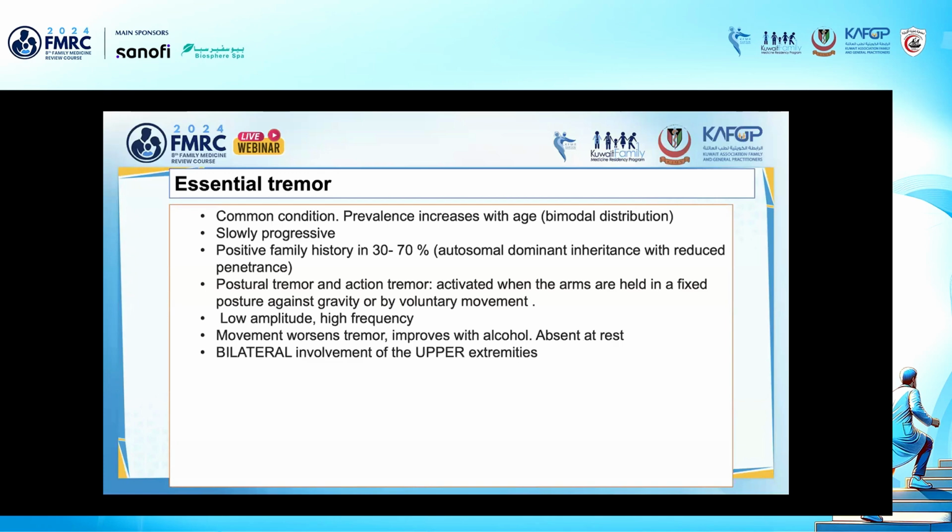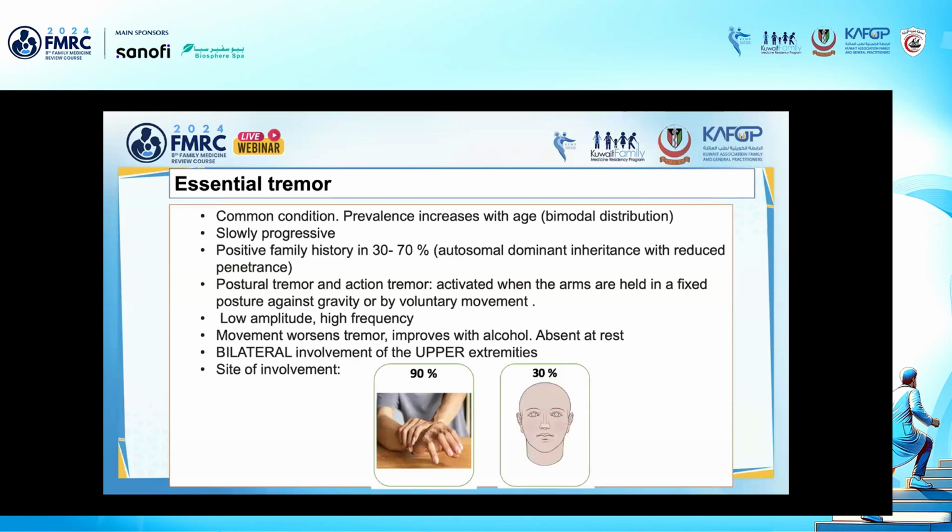The characteristic feature is that there is always bilateral involvement, and it always starts with the upper extremities. Regarding site of involvement, 90% of patients will have hand involvement, 30% will, in addition to their hand, have head involvement, and 15% will also have tremors in their voice.